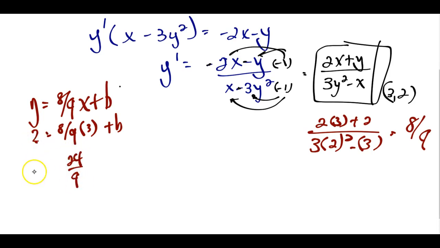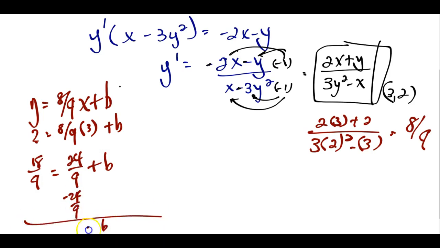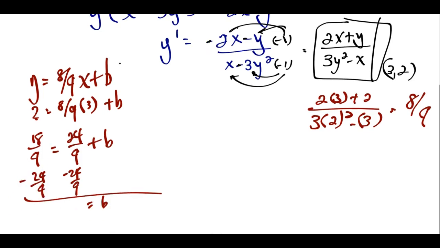And if I change this to a 9, that's 18/9 plus b. So I'm going to subtract off 24/9 and end up with b is equal to negative 6/9, and that reduces to negative 2/3. Let's see if that's the b value.